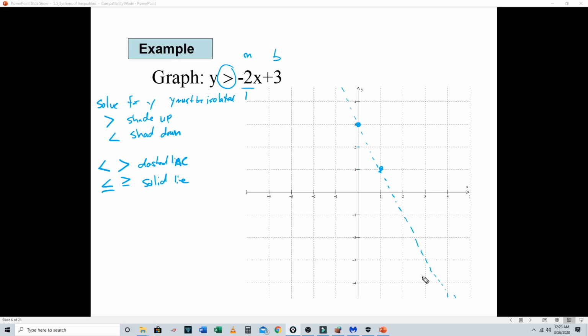Good enough. Okay. Again, arrow goes on and on. Now, because it's greater than, we're going to shade up. Okay, so the up side of this line is over here. Everywhere here is below the line, and this is the up side.